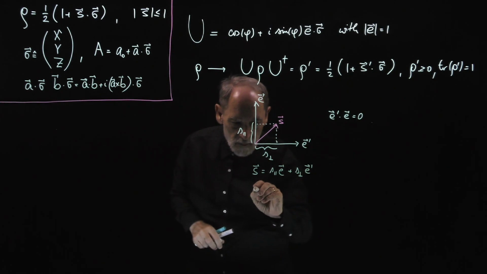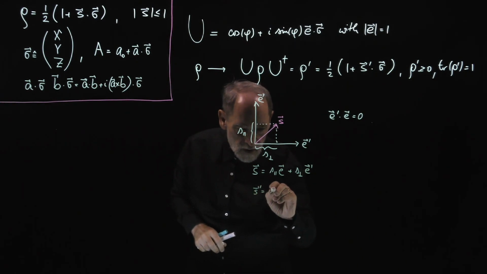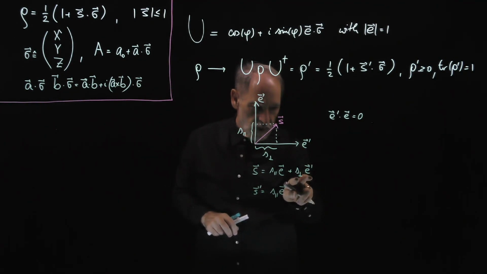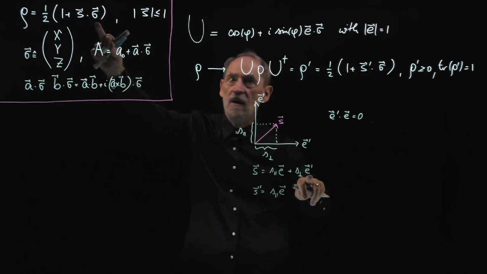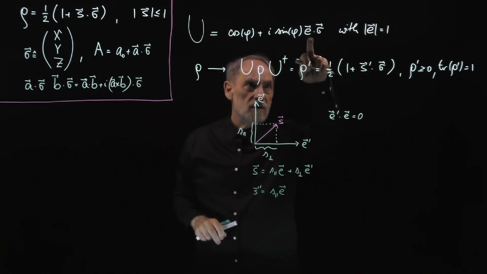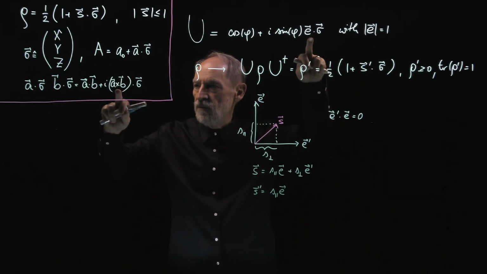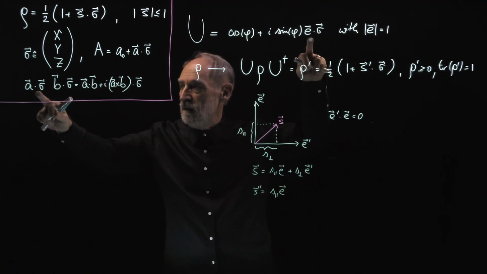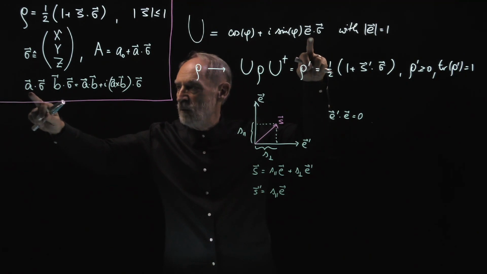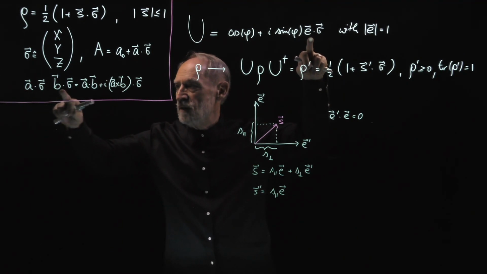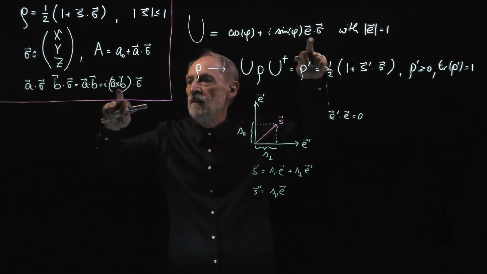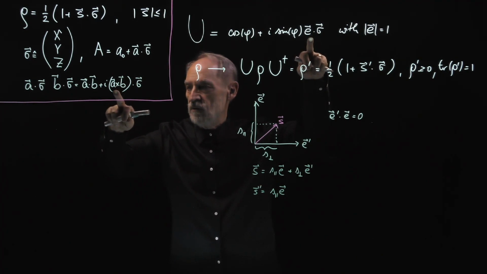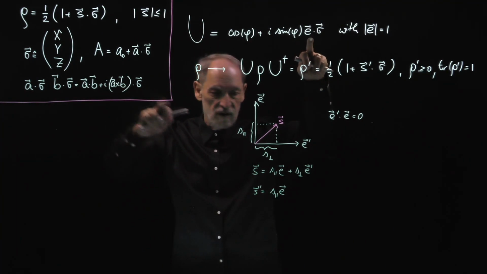So the S prime vector will also have S parallel times E. But this part, E prime dot sigma, well, that's orthogonal to the direction of E. So this orthogonal direction plays a role in this multiplication of A dot sigma, B dot sigma. Here it will be E dot sigma and E prime dot sigma. And so we get the cross product of the two, which will introduce a third direction, dot sigma.